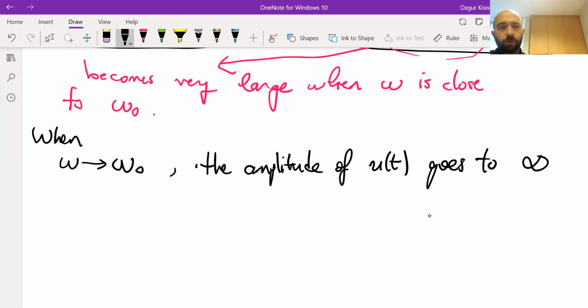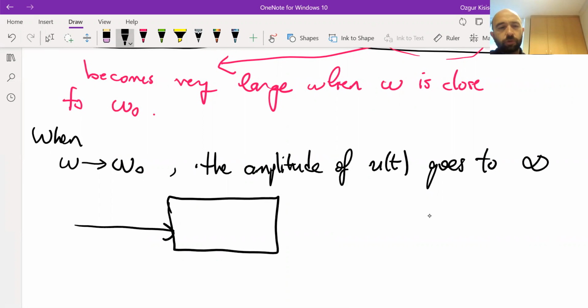This is very interesting because thinking about this as a system, once again, you have some input, which is cosine omega t. Its amplitude is 1.